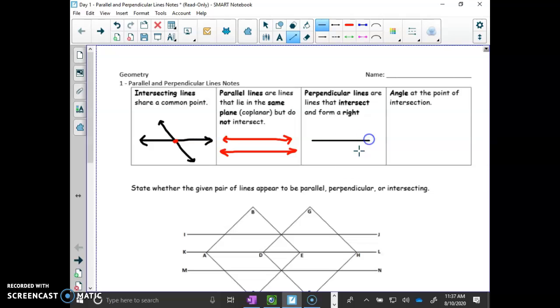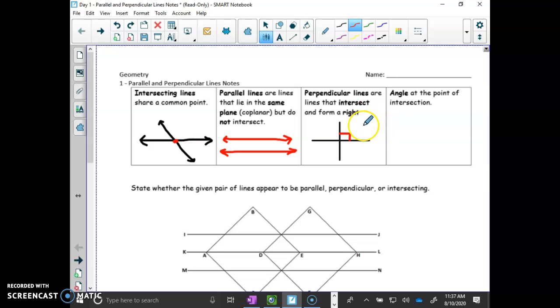So draw this one. Okay, so what kind of angle would that be? Oh, that's a terrible line. Right here. A right angle.